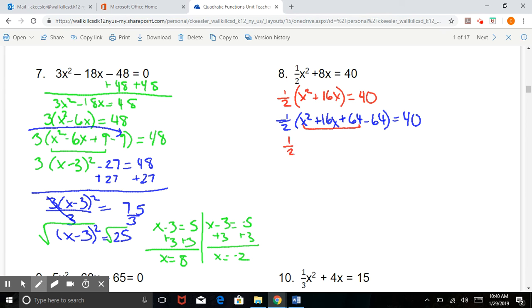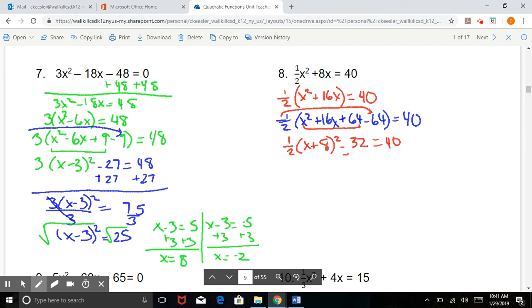So we have half of x plus 8, all squared, and then distributing the half to this negative 64 gives me negative 32, equals 40. Add 32 to both sides. We get half of x plus 8 all squared equals 72.